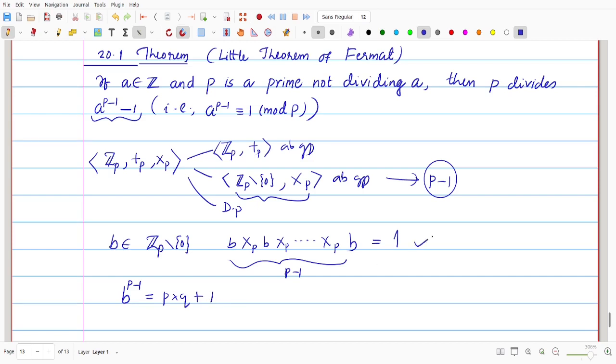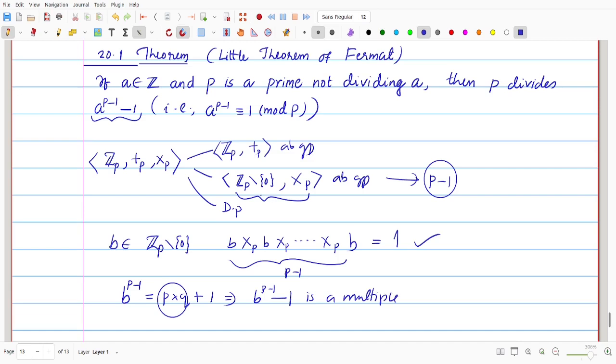That is the meaning of this statement. Multiplication modulo P means if you multiply all these elements and divide by P, then the remainder is 1. So B raised to P minus 1 is equal to a multiple of P plus 1. This shows that B raised to P minus 1 minus 1 is a multiple of P.